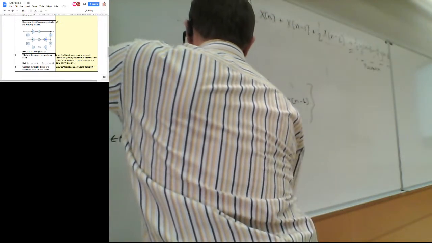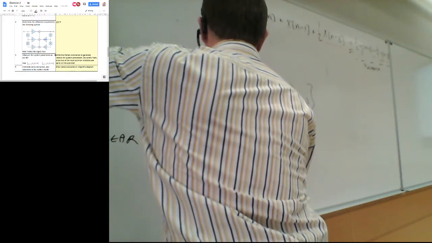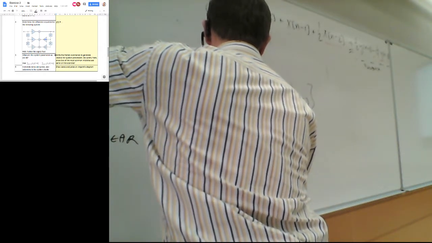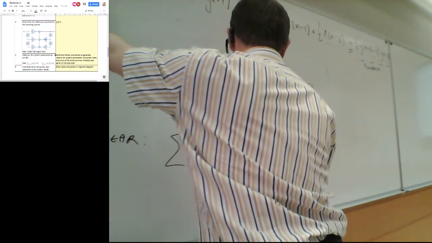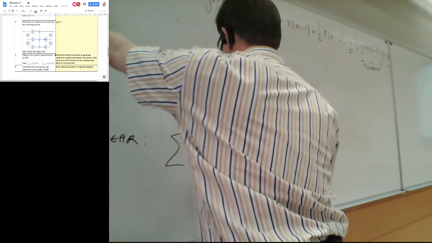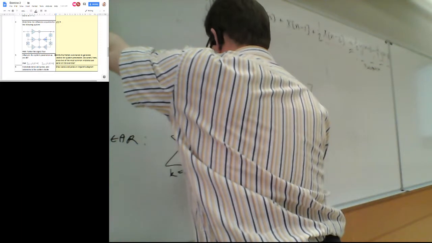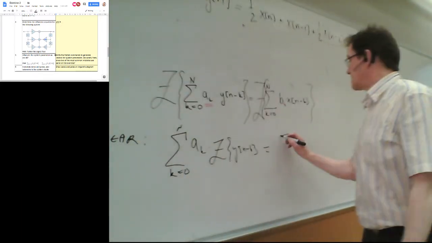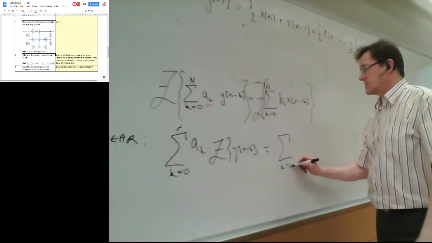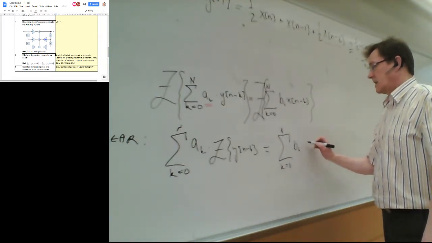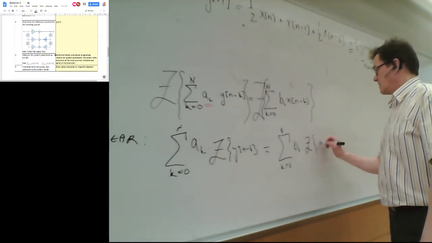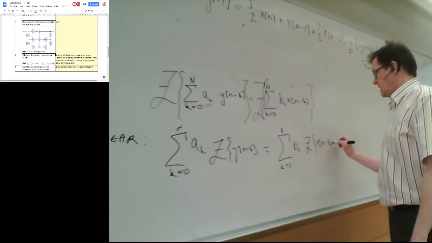So this is the same as sum of ak times Z transform of y of n minus k equals sum, k from 0 to n, of bk times Z transform of x of n minus k.